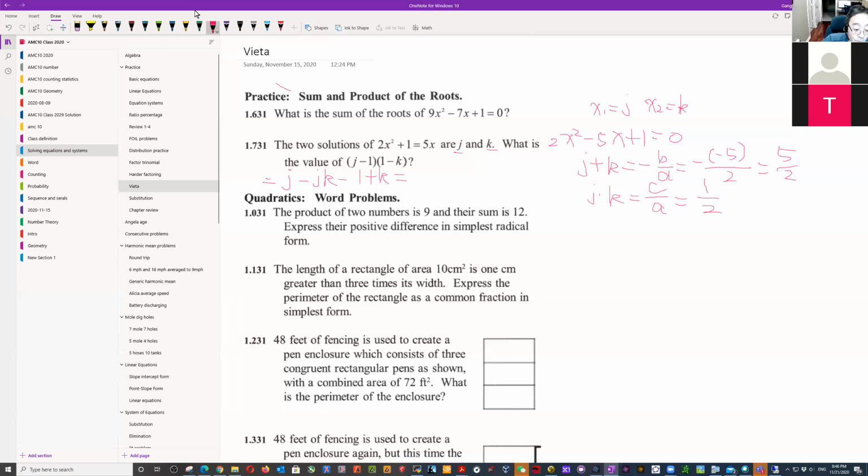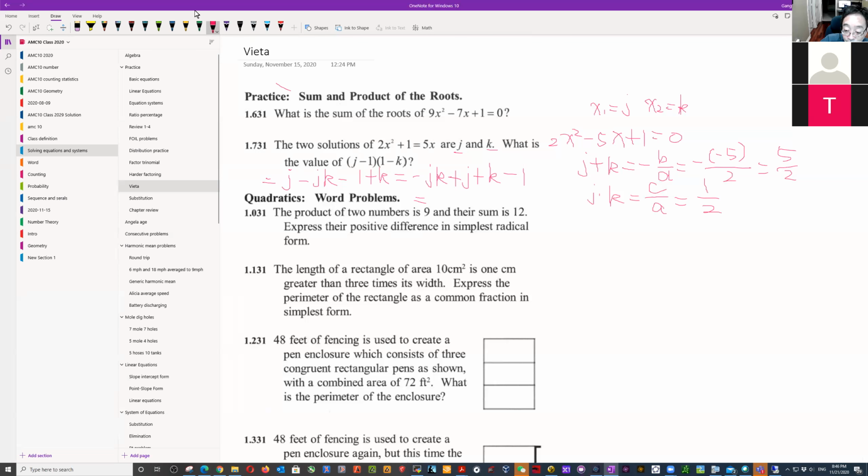So basically it is equal to negative jk, reordered so that the highest exponent comes first, plus j plus k minus 1. This is the expansion of the product of these two binomials.